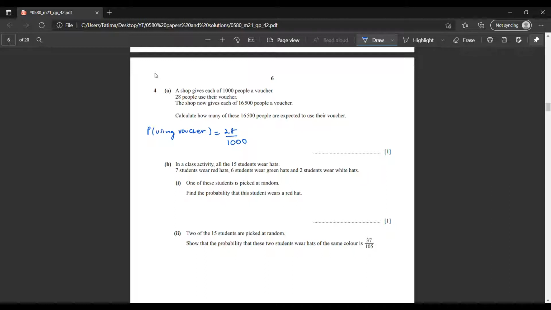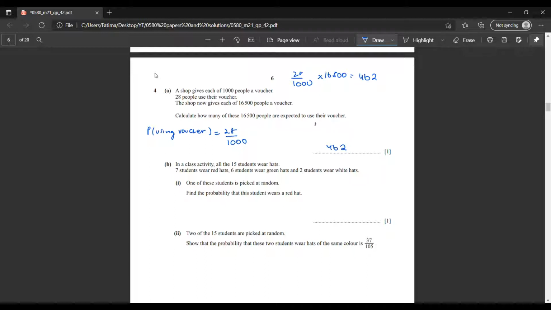Essentially that's 28 by 1,000 into 16,500, and that is 462.